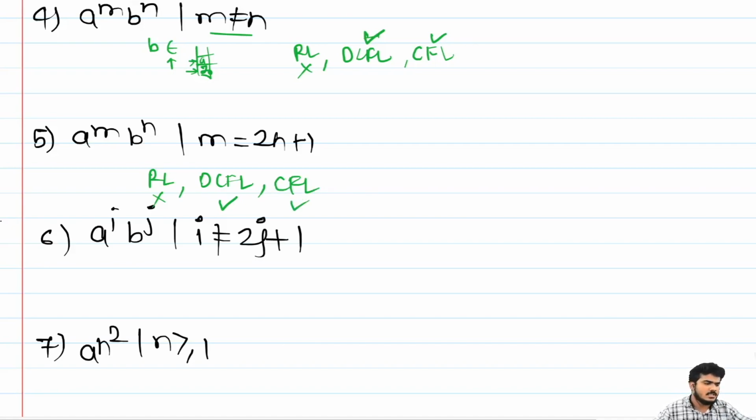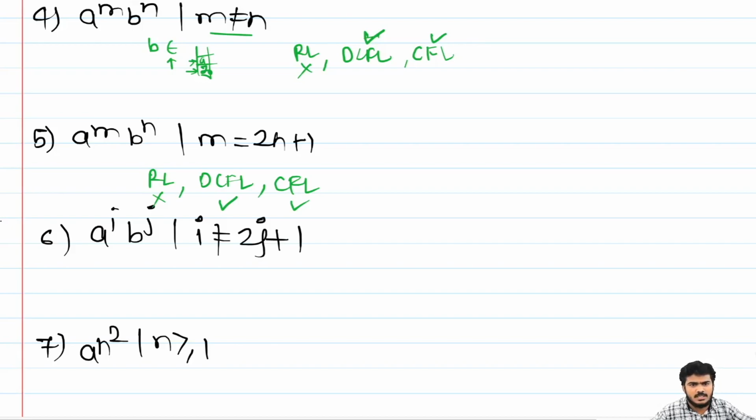Next is a raised to i, b raised to j, where i is not equal to 2j plus 1. This will also be checked the same way, because we just need to check that i is not equal to 2j plus 1.